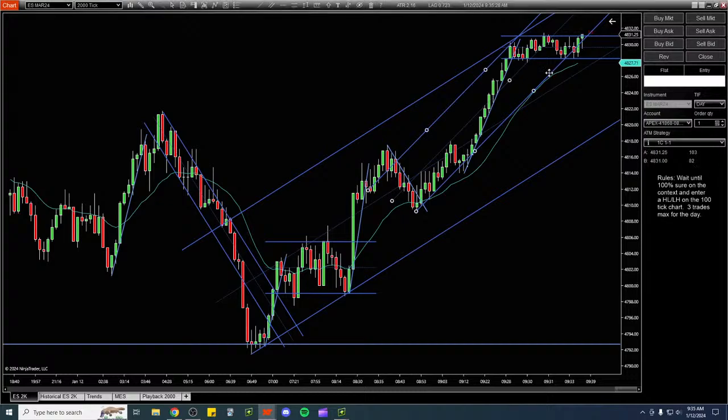Okay, it might be slightly wider. Maybe something like this. Could still be valid, but I'm not positive.